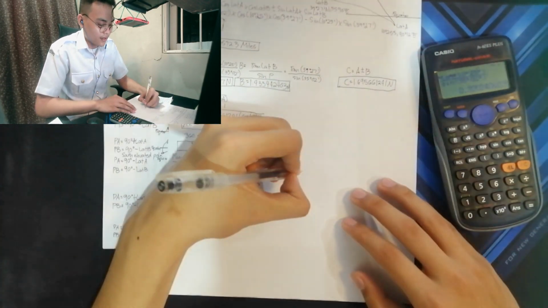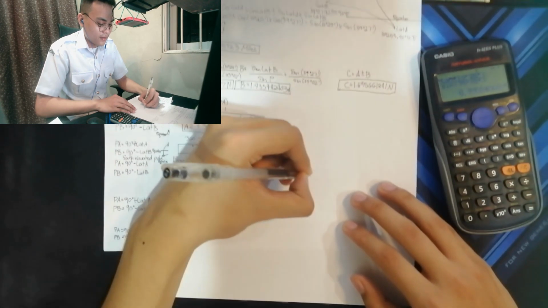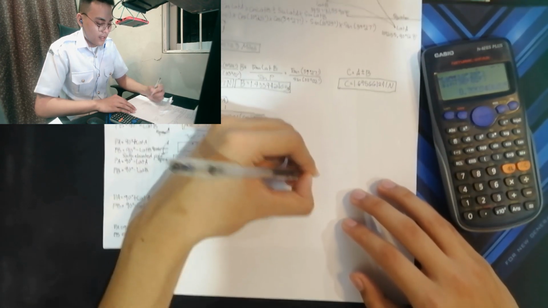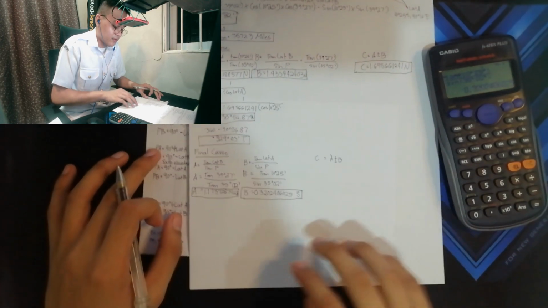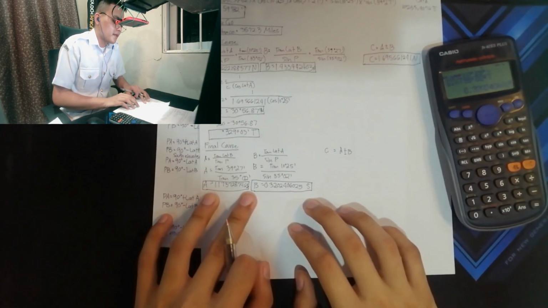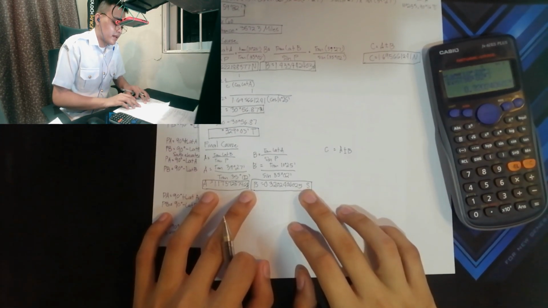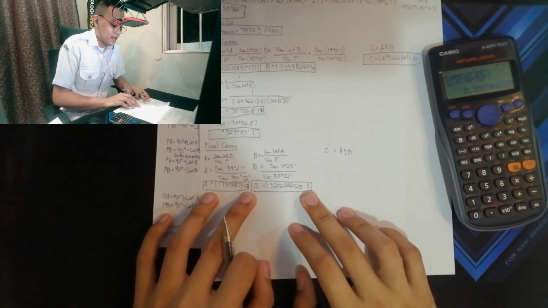Again, it's either you will plus or minus your A from B. As you can see in these directions, we have both same signs.